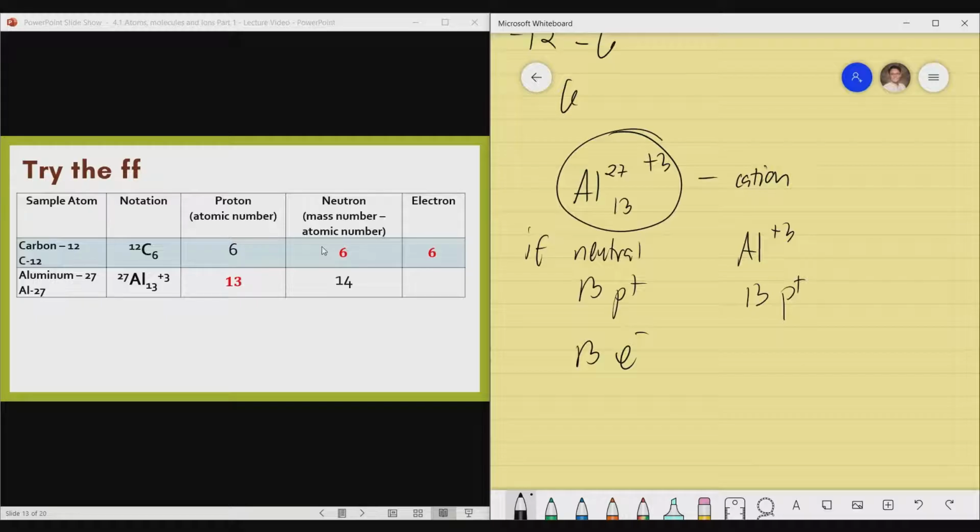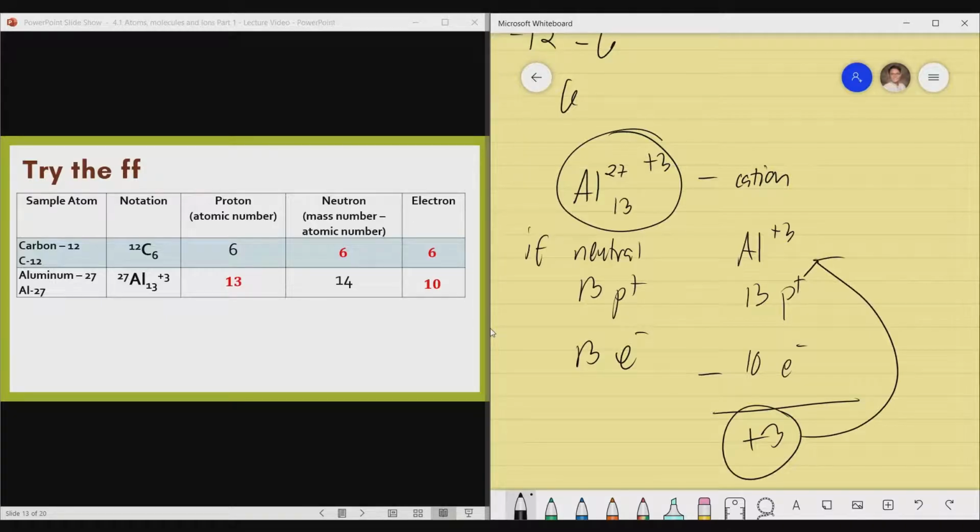Dahil plus 3, meaning to say nawalan ng electron, this must be 10 electrons. So the answer is 10. Paano malalamang tama? We just simply subtract this one. 13 minus 10, 13 positive minus 10 negative, that will be 3 positive. So same Z's. Okay? Easy. Very, very easy. Okay? Okay.